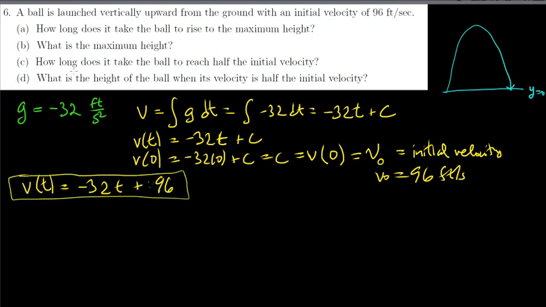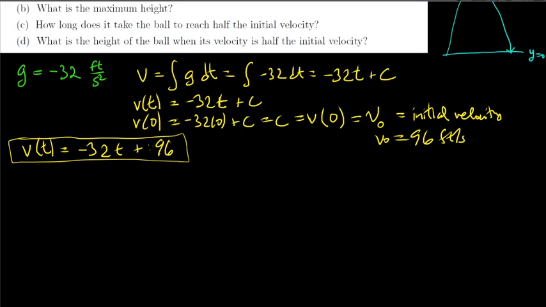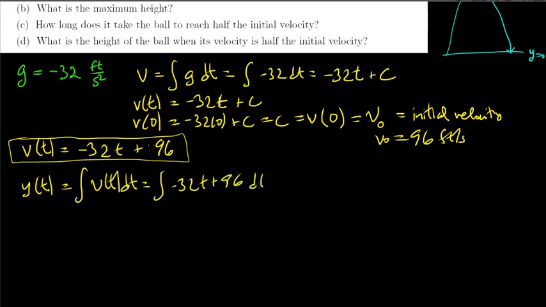But notice that in part D, they ask us about the height. So the height is y, the position. So to get the position, we have to integrate the velocity. And this is also a rather trivial integral. It's just negative 16t squared plus 96t plus another c.